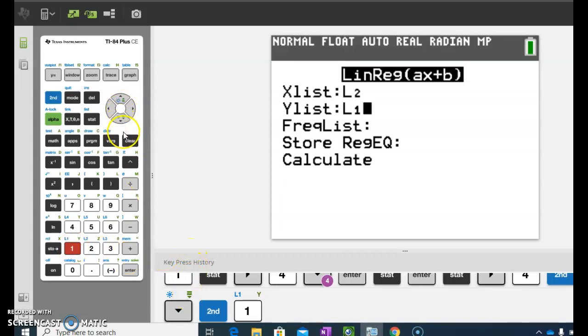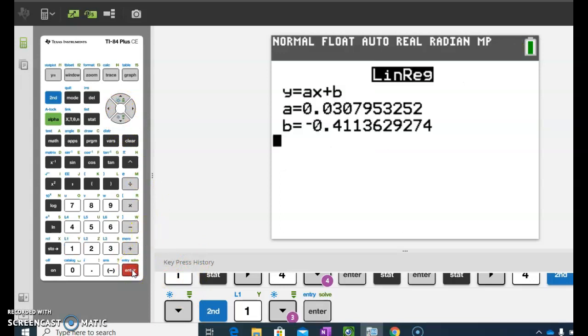Now I can arrow down to Calculate, hit Enter, and it now gives me a new linear regression line with the zinc being the independent and the lead being the dependent. So I'll write that down for that next question.